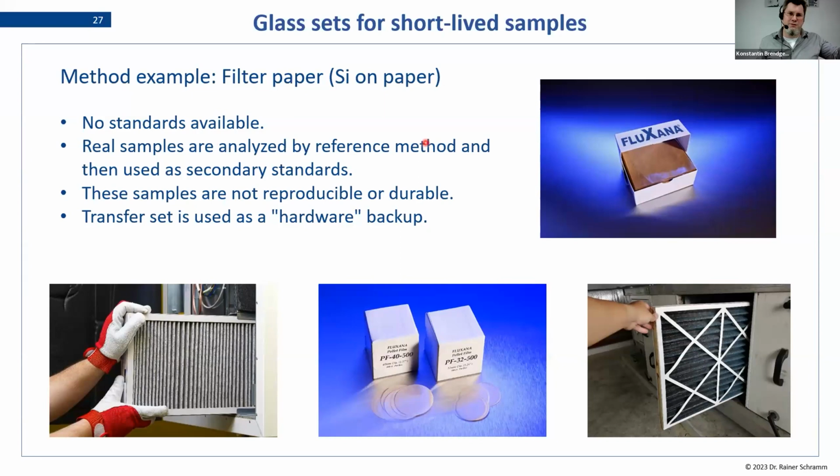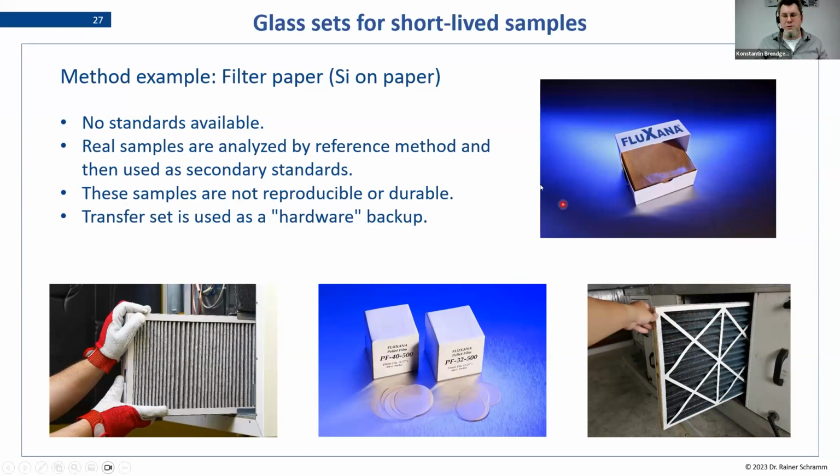So we sent them to a different lab and got the results, and we used that then as a calibration sample. So in the end, we only had these few samples available that we have basically cross-certified, and we couldn't buy any others, and we could also not reproduce them because they were only part of the batch.